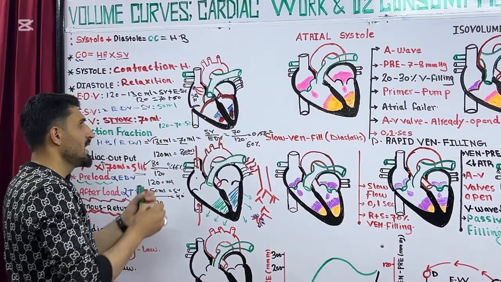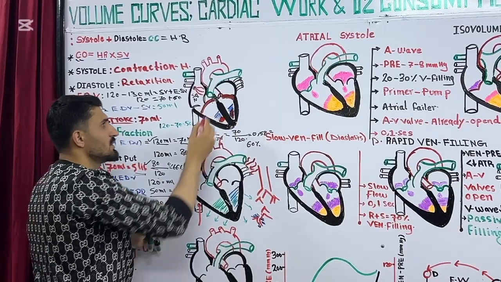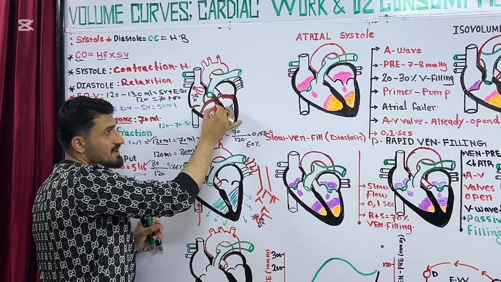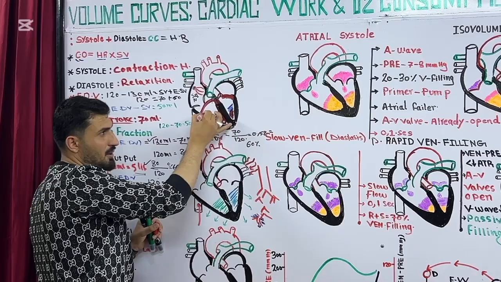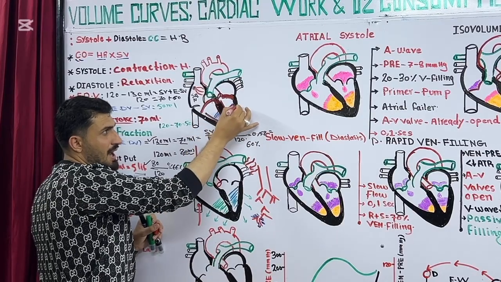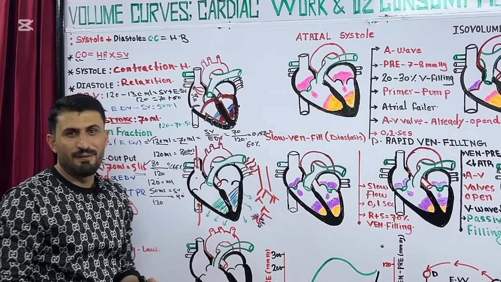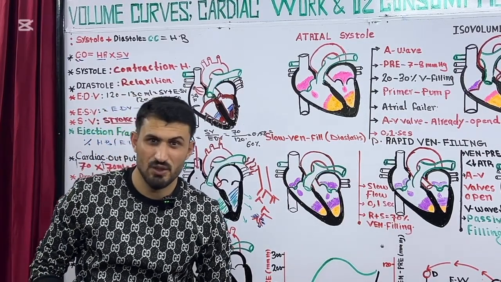Got it? Then electricity comes from the SA node to the AV node, and then to the Purkinje system. From the Purkinje system, for example, bundle of His. From bundle of His, right bundle branch, left bundle branch, and then it gives a lot of branches which are called Purkinje fibers. We have already talked about all of them in the previous lecture. Got it?